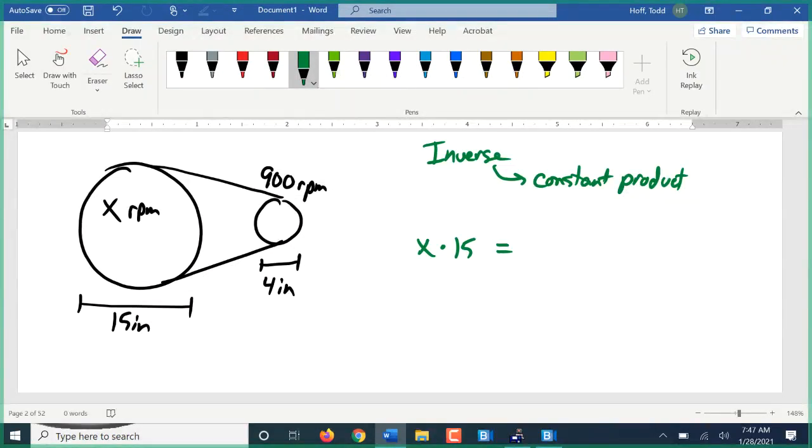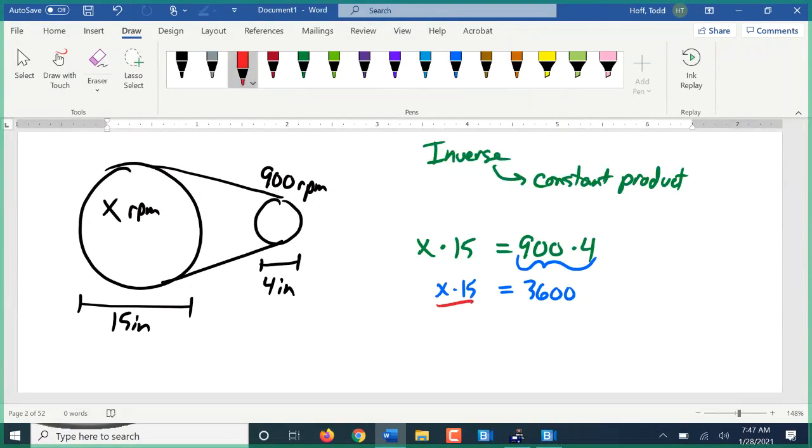So X times 15 equals, we have 900 RPM in the smaller pulley times 4 inches is its size, and then we solve. 9 times 400 is 3,600. X times 15 equals 3,600.